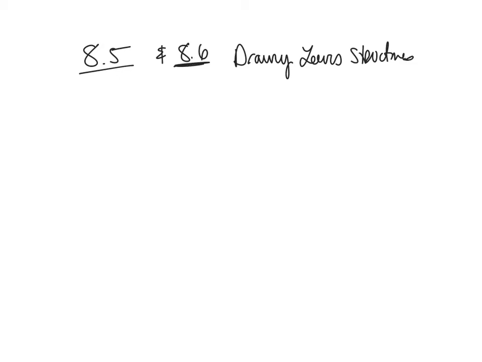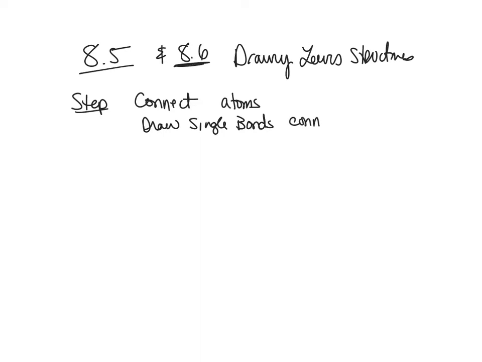So you're going to be given molecular formulas, and step 1, you're going to have to connect them. You're going to draw lines to connect the atoms. We're basically going to draw single bonds to connect atoms, and these are bonds.